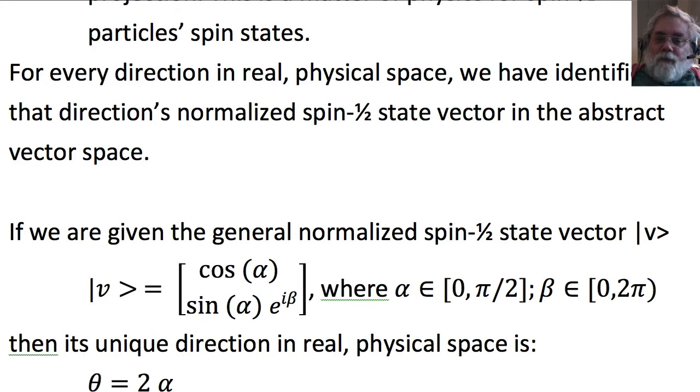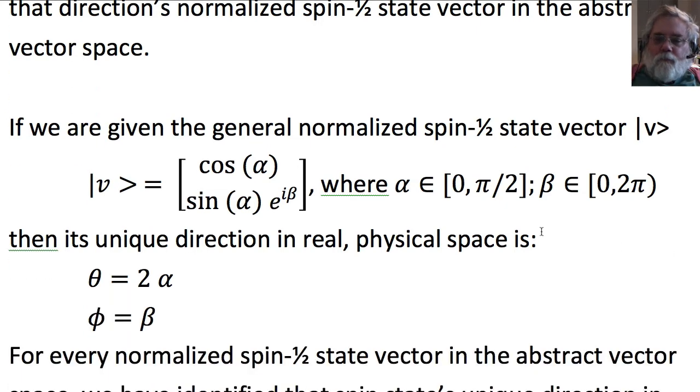Now, if we were given the general normalized spin 1/2 state vector in the two-state form, cosine alpha, sine alpha e to the i beta, where we didn't know at first what directions in space there would be, the only direction in space that it can be for it to be a spin 1/2 state vector is theta equals 2 alpha and phi equals beta.